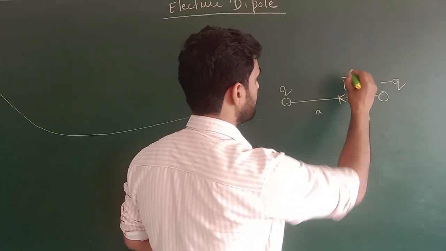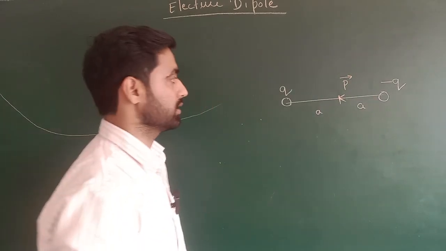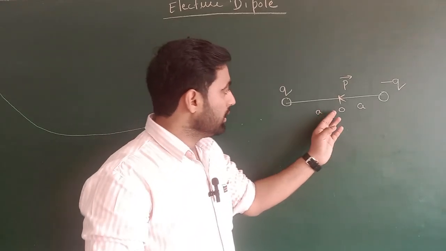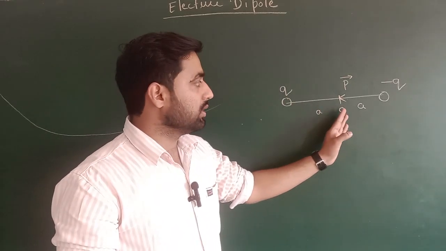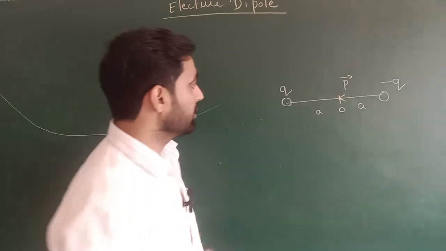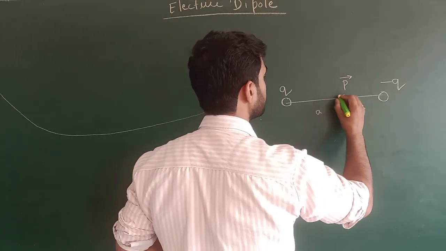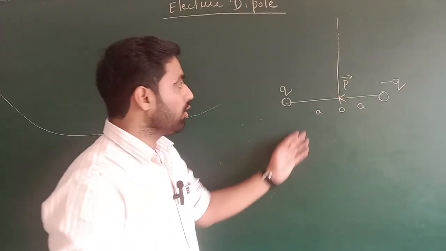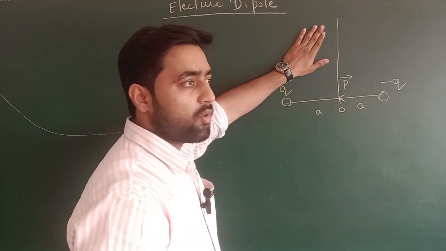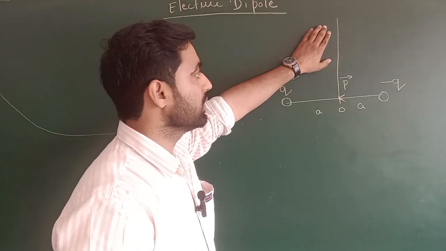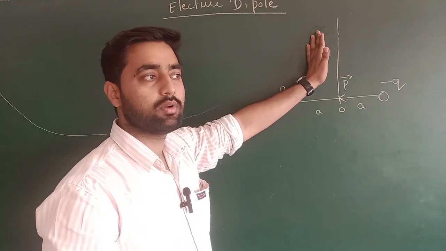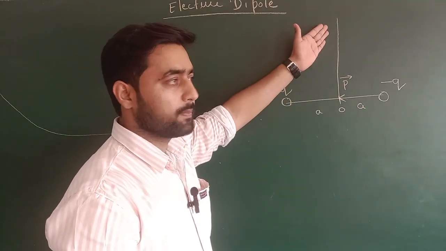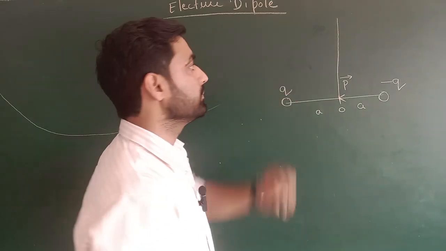This is the direction of dipole from minus to positive charge, and let the center be O. So from the middle point of the dipole, if we draw a perpendicular, that is called equatorial line. This line is called equatorial line, and on this given line, any random point will be known as equatorial point. Our task is to find the amount of electric field due to this dipole on any of the given points, which will be on the equatorial line.